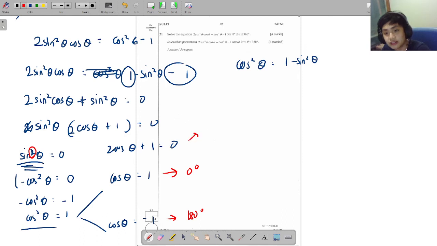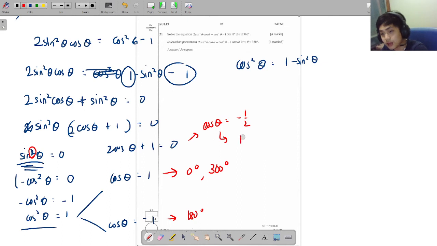And then 2 cos theta plus 1 equals 0. So we have cos theta equals negative half. So we have two answers here. So that is, sorry, 360 degrees as well.